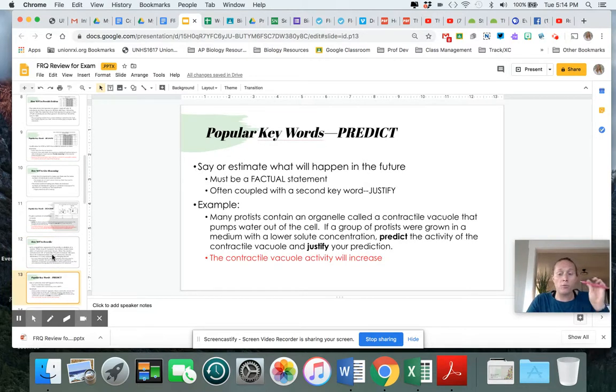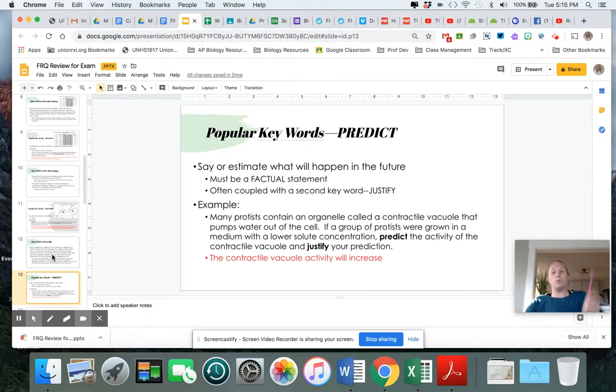Predict, and you had one of these on the three response we just went over. So make sure that you say, for example, in this one, the contractile vacuole will increase. For the one about the proteins and for response number 2, it was predict what you think this mutation will do to the protein.